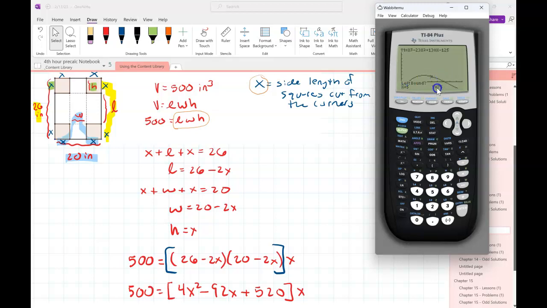So I'm just going to be watching my y-coordinate here as I move my cursor and wait for it to get negative. So there we go. I got some negative numbers there. So I'll go ahead and press enter. It's now asking me for a right bound. So I'm just going to move my cursor till I have a positive y-coordinate. Press enter. And then I guess, and it spits out about 1.20.